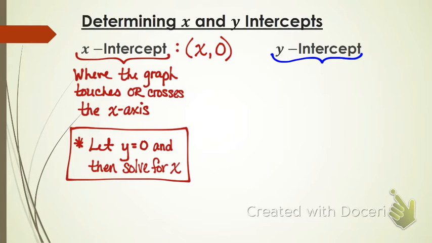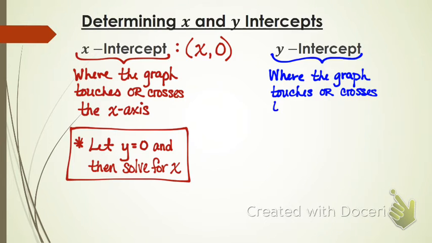If an x-intercept is anywhere the graph touches or crosses the x-axis, what's a y-intercept? Or y-axis. Yes, anywhere the graph touches or crosses the y-axis. Ordered pairs for y-intercepts.